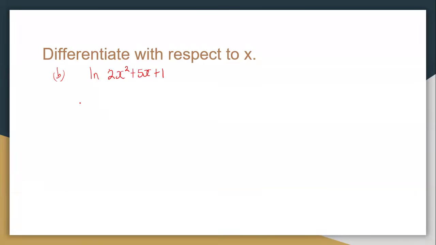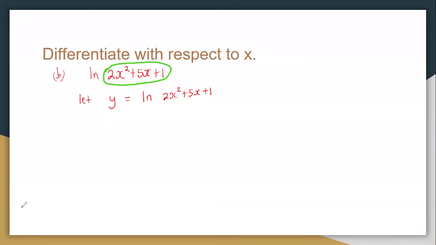You say let my y equal the natural log of 2x squared plus 5x plus 1. Members, always what is in front of the ln, whatever comes here is your function.